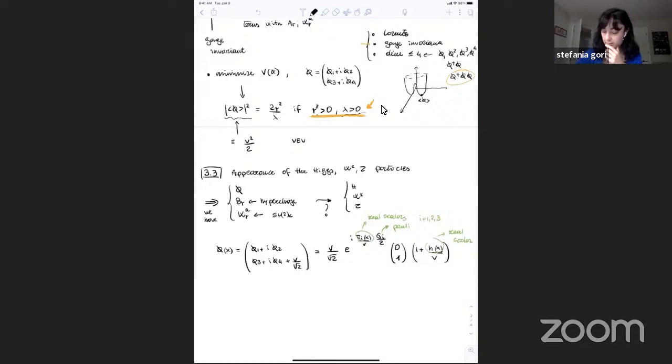So if I take the kinetic term and I replace phi with its value, what I can show is that I get the following terms in the Lagrangian. So I will have a term like this.